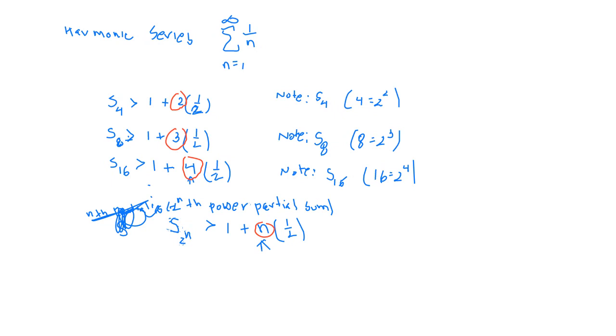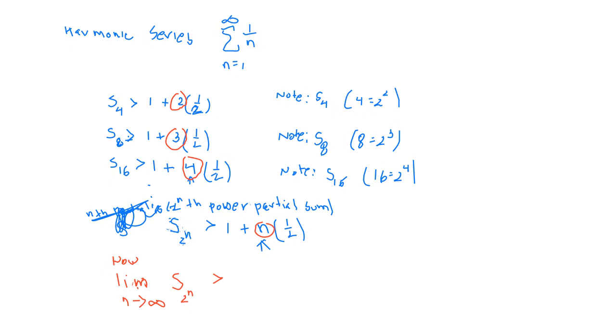Okay, so what we're seeing then is that the limit as n goes to infinity of this 2 to the nth power partial sum would have to be greater.